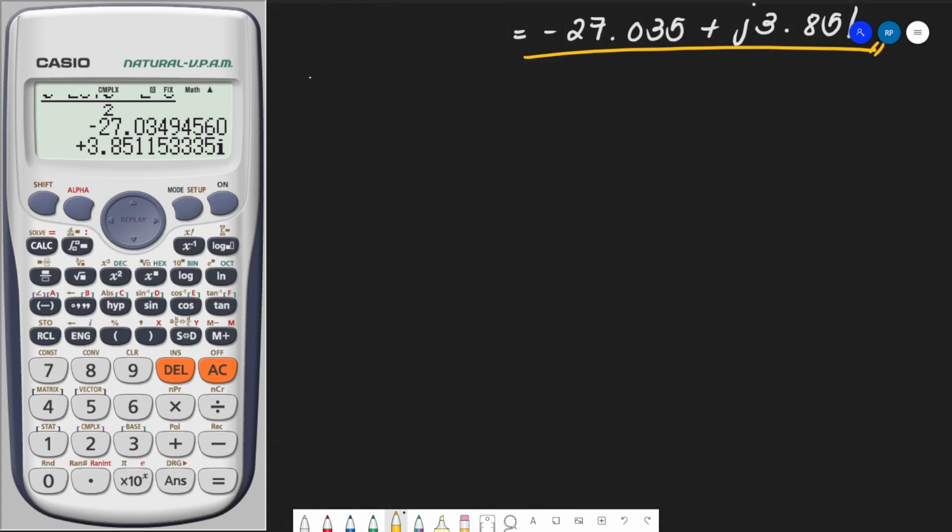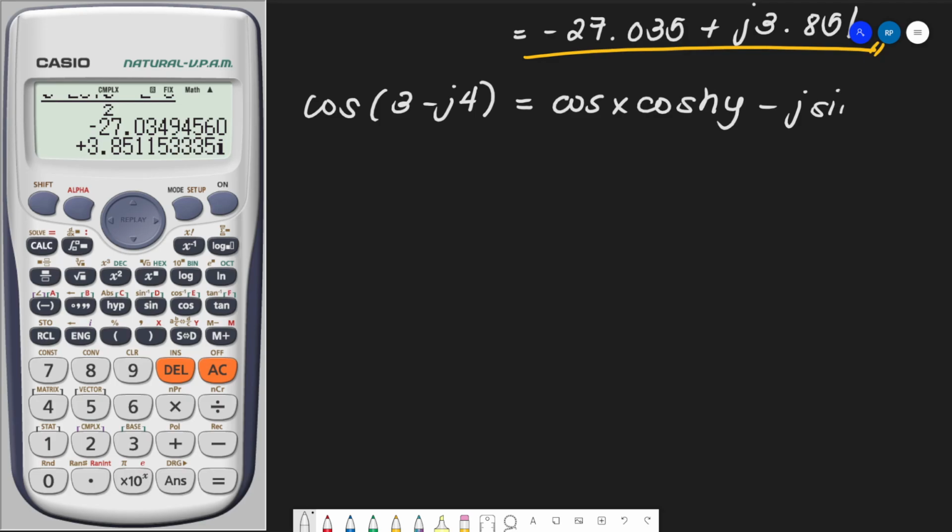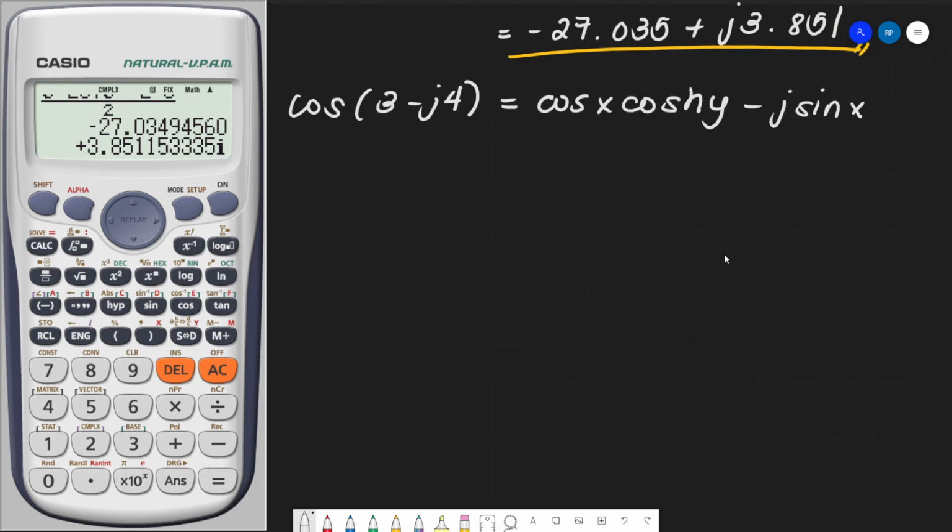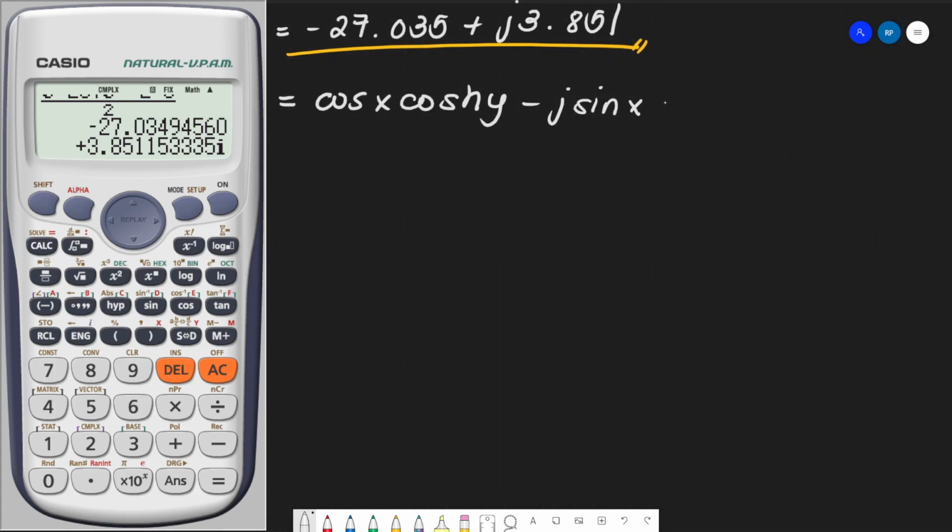So, ano nga given natin? We have cosine ng 3 minus j4. And ano yung identity natin for cosine? Diba we have cos x cos y minus j sin x sin y.